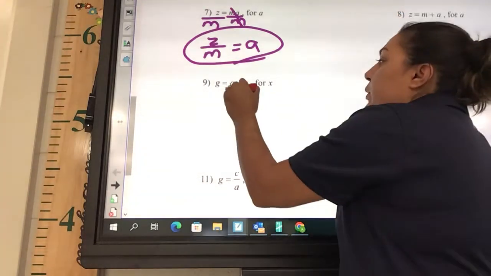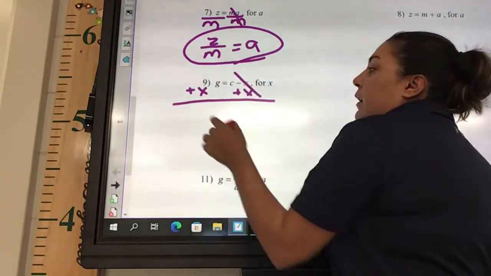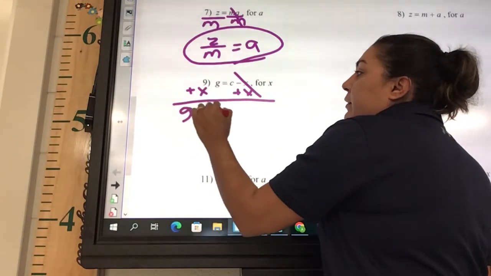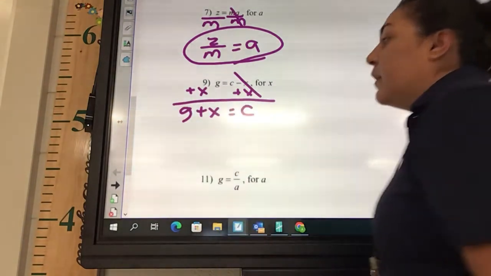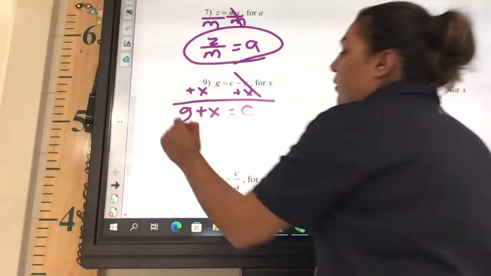We're going to move the X over, and so I got G plus X equals C. And then now I'm going to move the G over.